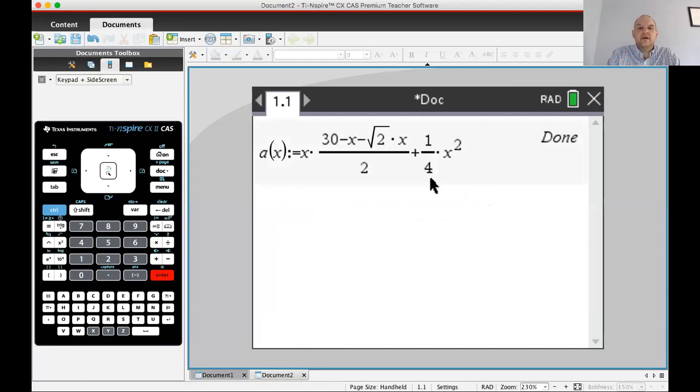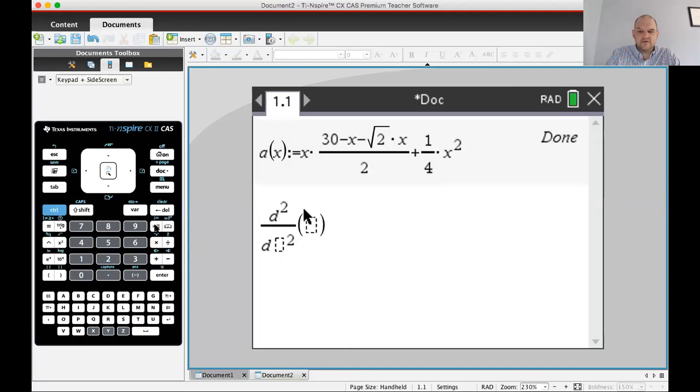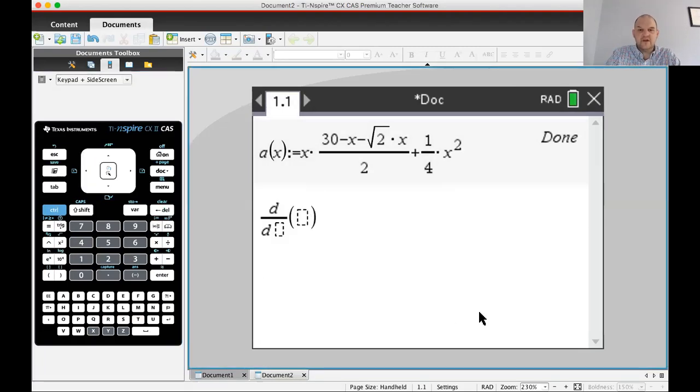Okay, done. We found the derivative. Oh, not the second derivative. Well, we ultimately did find the second derivative, but first we found the derivative with respect to x of A of x. Okay, we set that equal to 0 and solved.